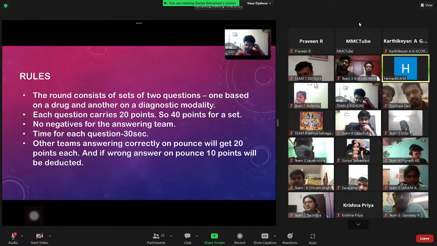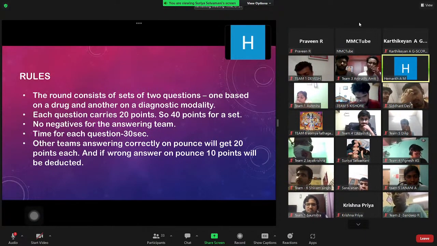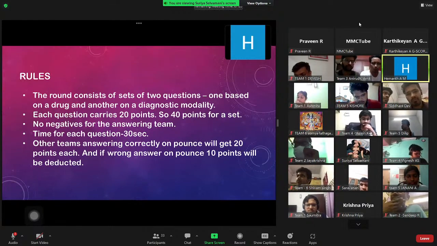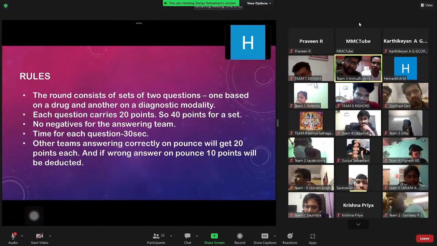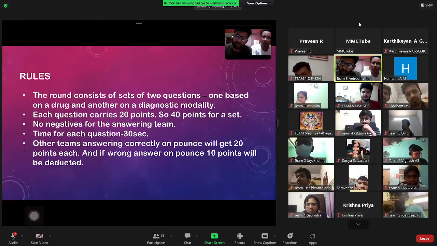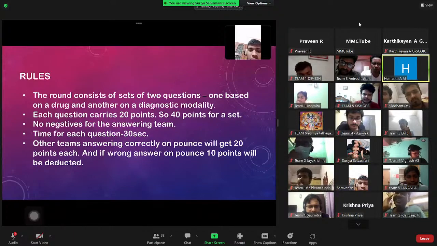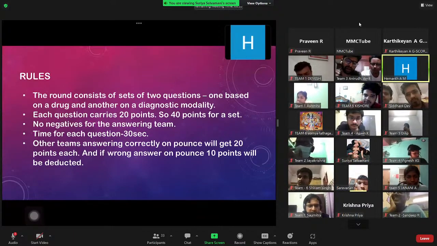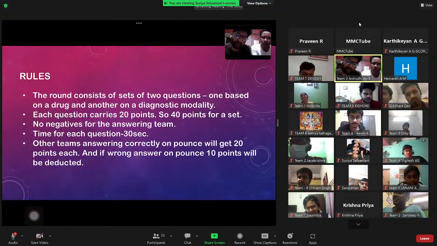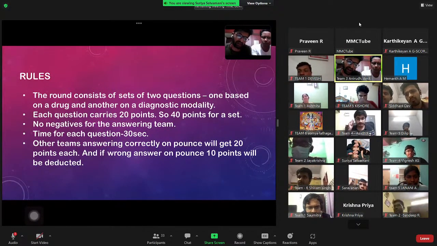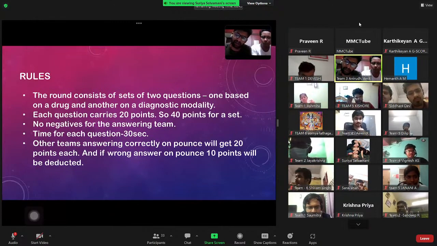Will both the questions be displayed simultaneously? No, one after the other only. If you answer the first question, then you'll be presented the next question. If on pounce we get one answer correct and one wrong, do we get 0 points, plus 10 and minus 10? No, each question's right answer will get 40. Is it compulsory to pounce on both questions, or can we pounce on only one?